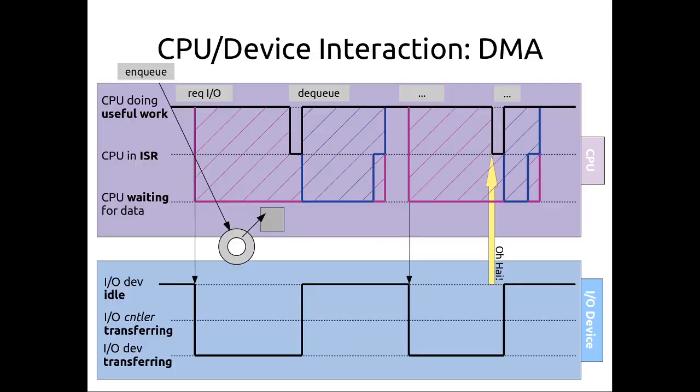So let's go back to our representation that we had before of the CPU and the I/O device in different states. Here, the blue regions are the previous regions that used interrupts but did not use DMA, right? So now what we're doing is the CPU enqueues memory, it allocates memory, writes it into the ring buffer so that the device can use it.